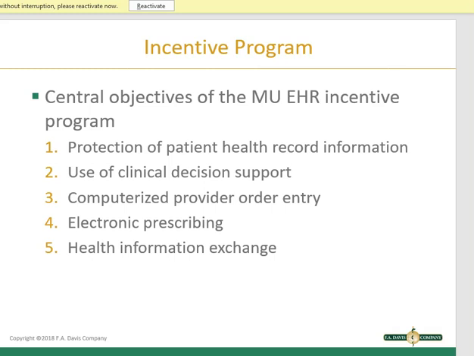So this is a great example of using meaningful use money to help meet some of the objectives in the incentive program.